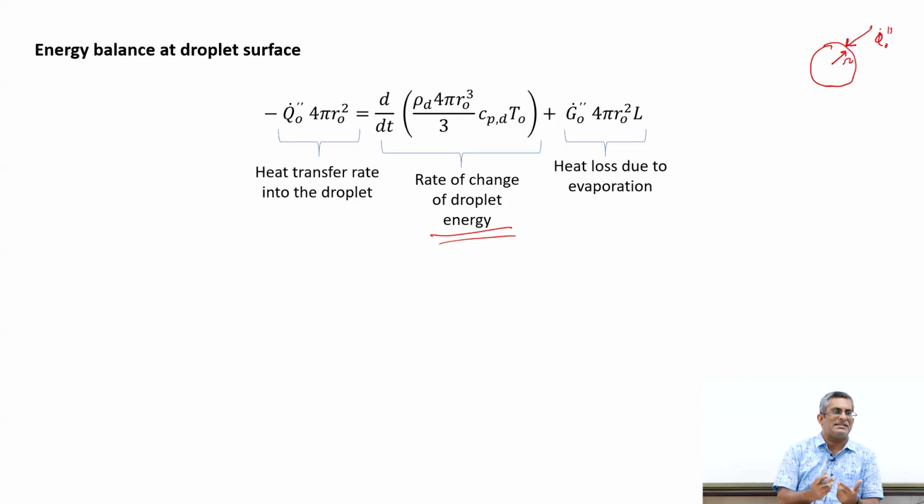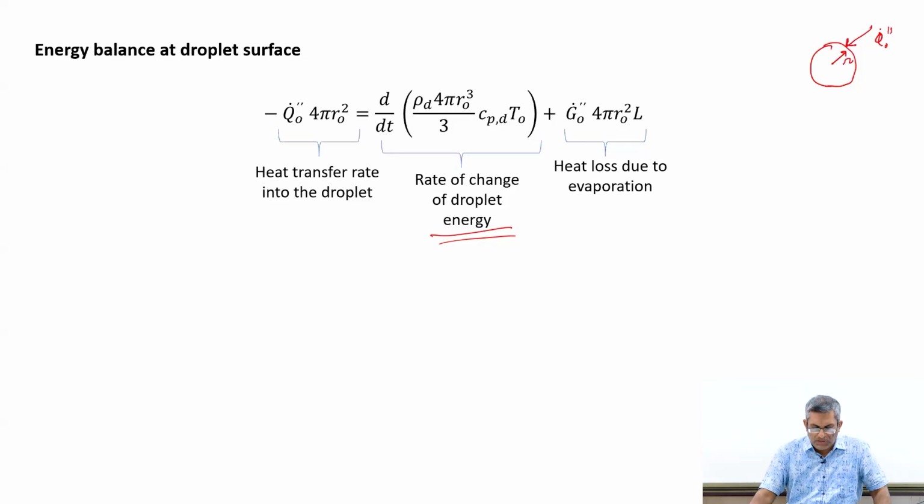So, this tells us that out of the total heat that the droplet receives, part of the heat is used to raise its temperature and the other part is used to evaporate the droplet. So, simple energy balance, that is what we are getting, but this equation is very important.